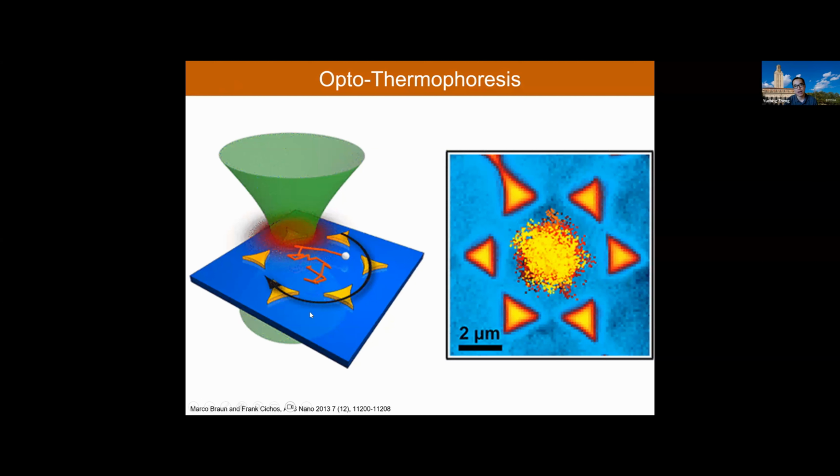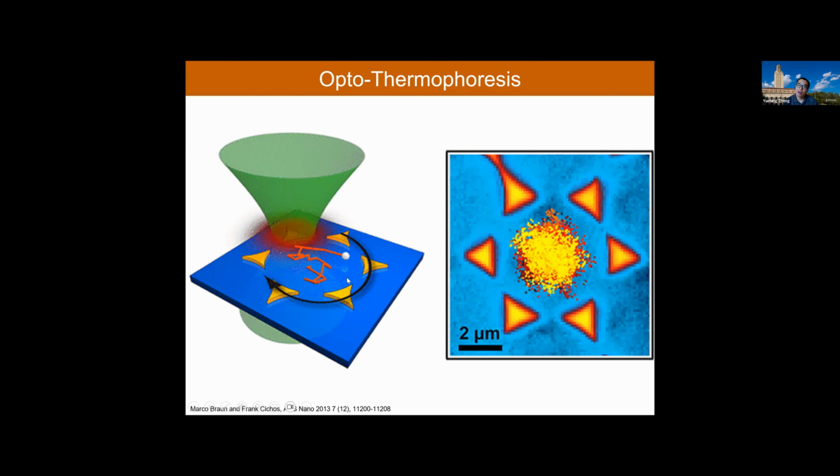This is vividly demonstrated by Dr. Frank Cichos, who shows that if you put plasmonic particles, which have really good heating effects, you can push the particle into a colder region. Interestingly, you can arrange these particles in a ring configuration so that the center is colder, so that you can confine the particle in the center.